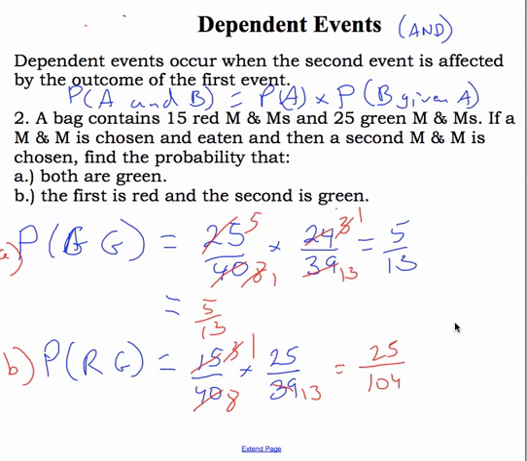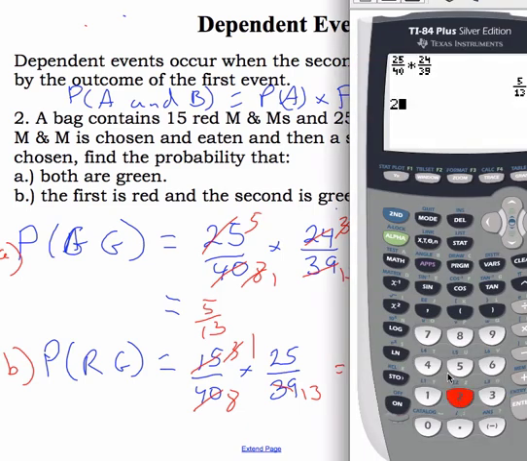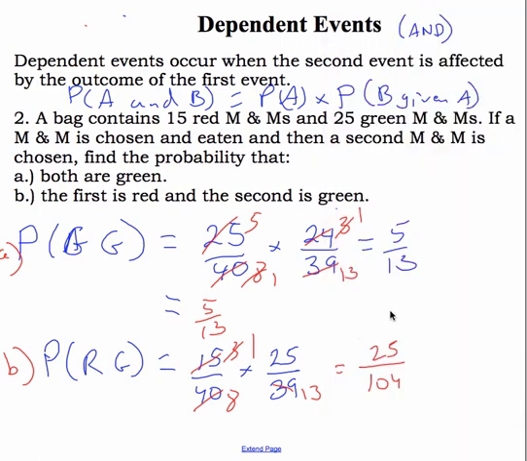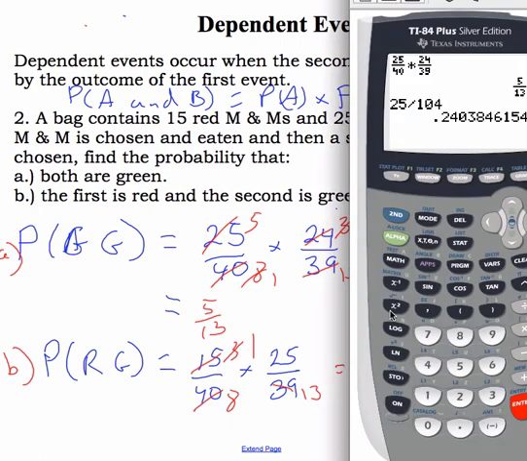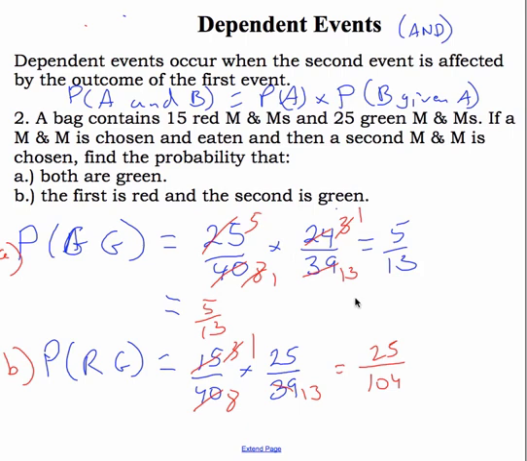Right, so 25 out of 104, let me just try that in case you're interested. 25 divided by 104 is, yeah, it's about 24%. So actually I should use 3 significant figures since that's what we're supposed to be doing. So that's approximately 0.240. So that's about 24.0%. That's 3 significant figures.